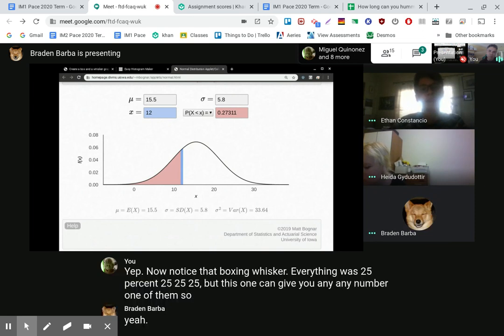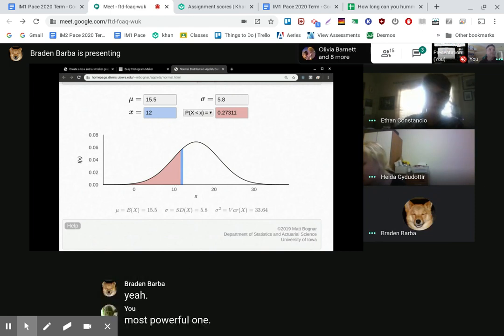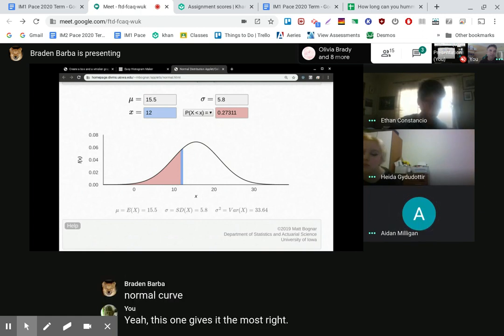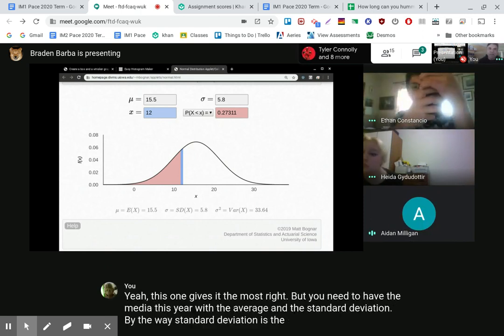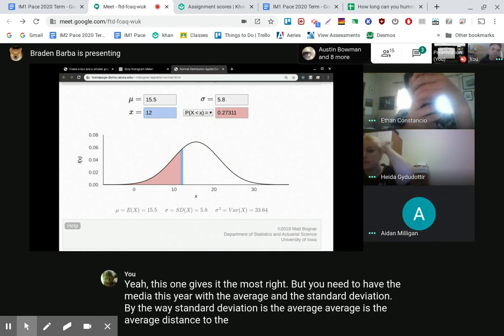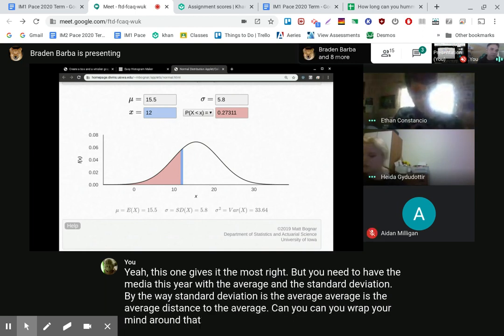So which is the most powerful one? The normal curve. Yeah, this one gives you the most, right? But you need to have the median, the average and the standard deviation. By the way, standard deviation is the average distance to the average. Can you wrap your mind around that? It's the average distance from every point to the average.